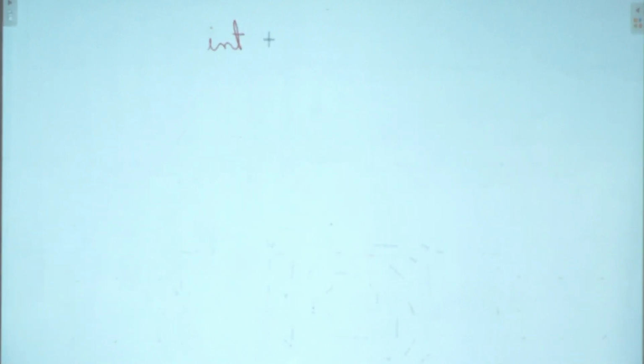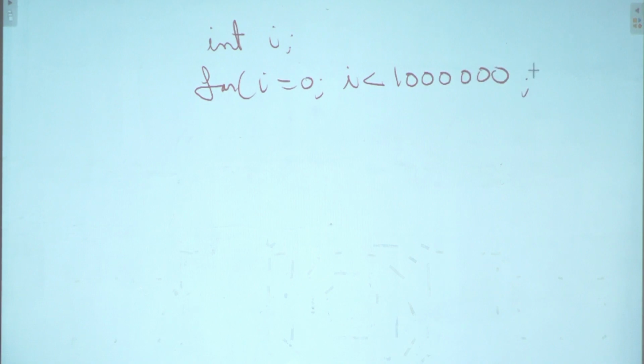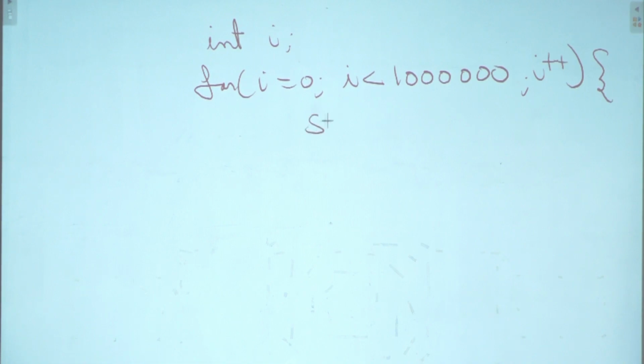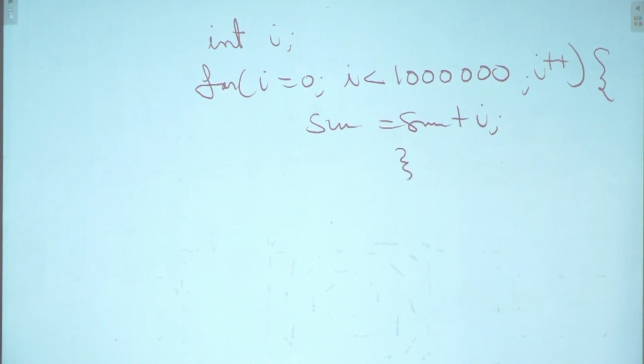Int i; for i equal to 0, i less than 1,000,000, sum is equal to sum plus i.